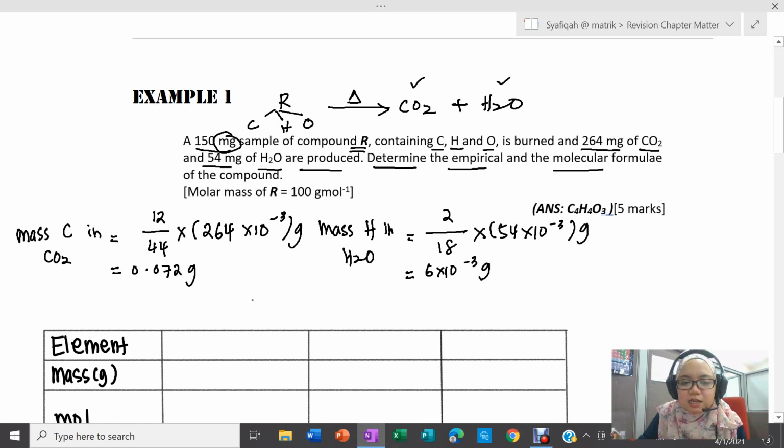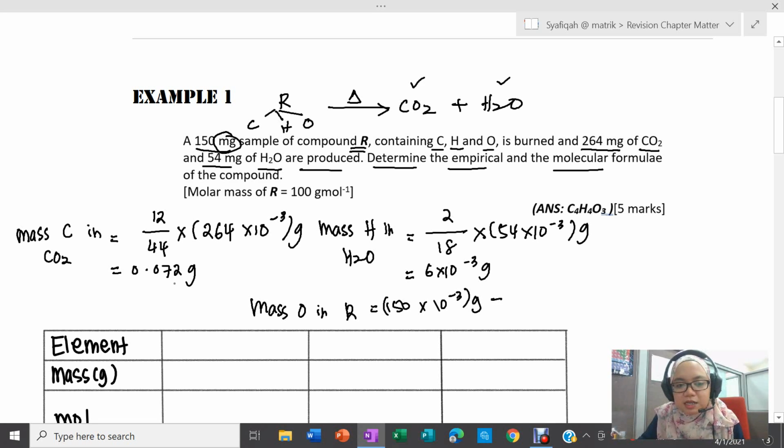Okay, lastly nak dapat mass of oxygen in R. So, awak tahu R ada 150 milligram. So, tukar jadi gram. So, you will get, tolak dengan carbon 0.072 gram.